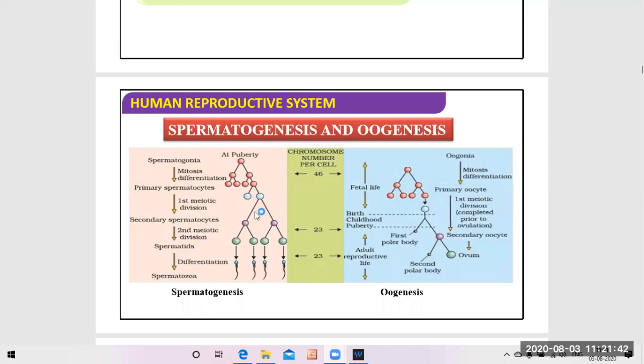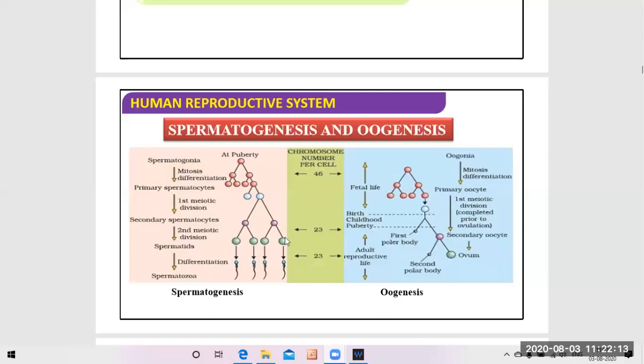From one cell of the mitotic division, it is divided into two, then the second meiotic division produces again two cells, so the number of cells is 4, from these two cells. The spermatids are a main important stage: from the spermatids, there is formation of 1, 2, 3, 4 sperms directly.